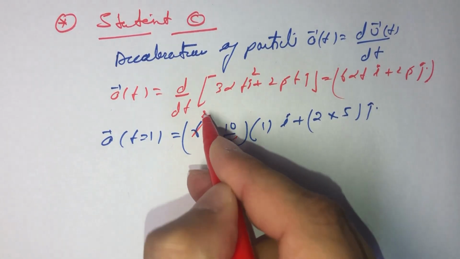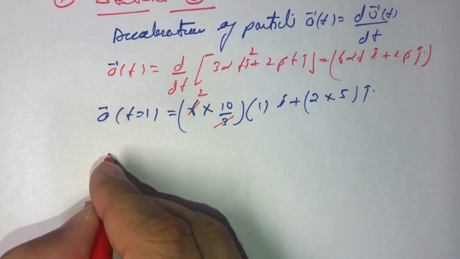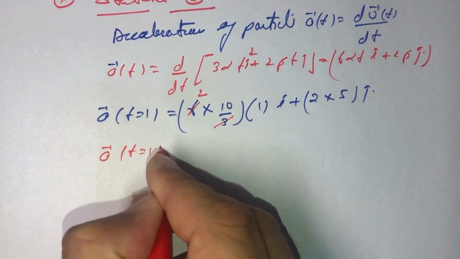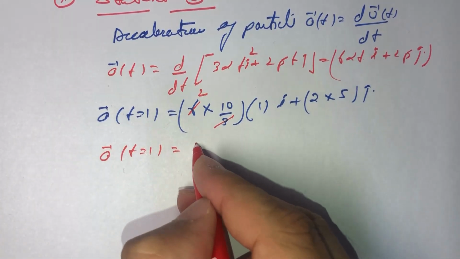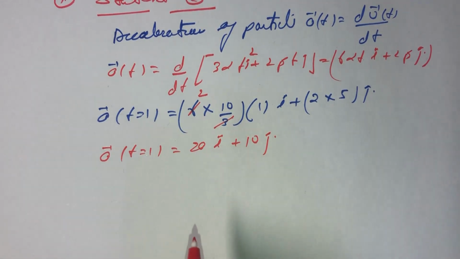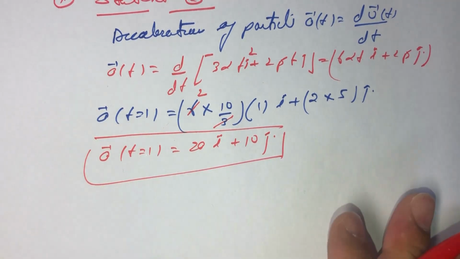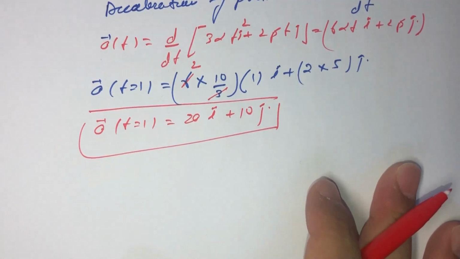So this comes as 2. So we get that acceleration at t equal 1 will be equal to 20I plus 10J. So we got the acceleration. Now we are going to find out the force.